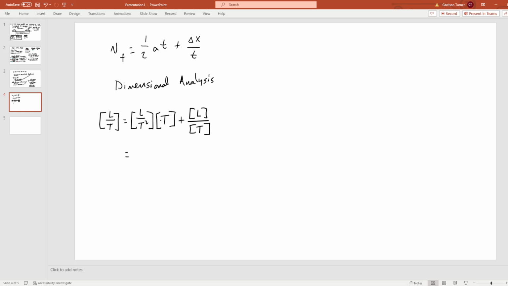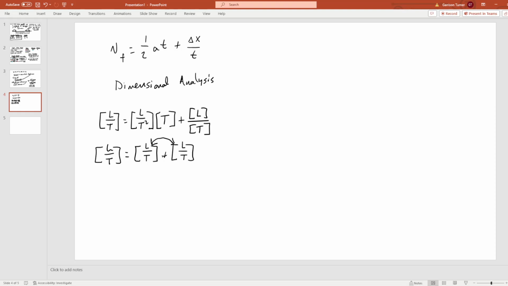And L over t squared times t becomes L over t. And L over t. And lo and behold, because these are the same units, I can add them. Therefore, the addition sign is a valid thing.